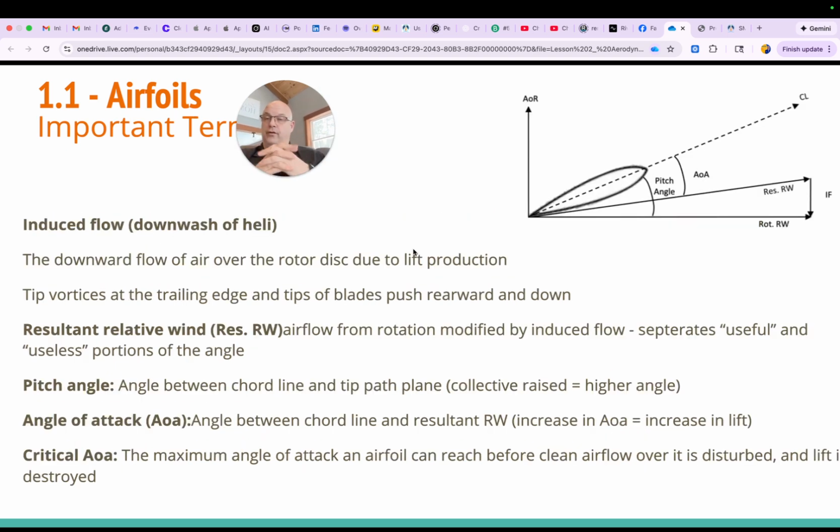The induced flow, just as I mentioned, is the air coming from the top through the rotor system itself, is downward, right? If you go to an autorotation, for example, it is upward, but in normal flight, it is downward air. And there are some really good YouTube videos you can see when people are spraying water, and how it chops the air up, right? And it is downward and backwards.